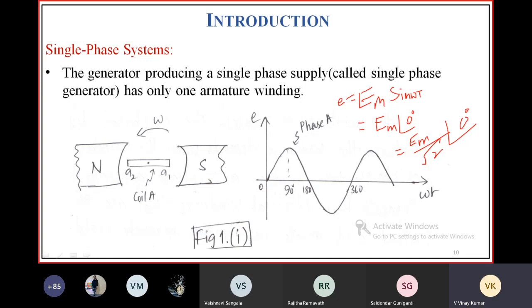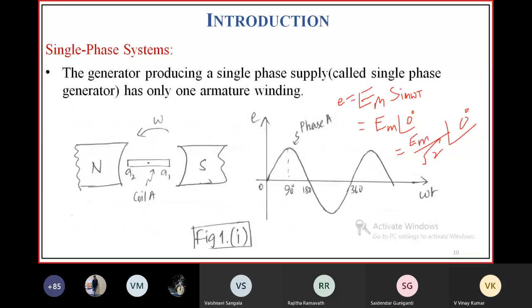Mostly the representation would be like this. If you want to represent this sinusoidal voltage in polar form, normally we represent it as the RMS value at an angle 0 degree. This will be the voltage which is generated by the single phase generator.